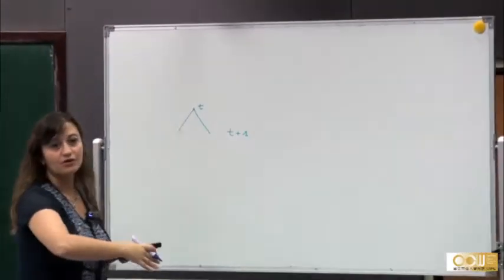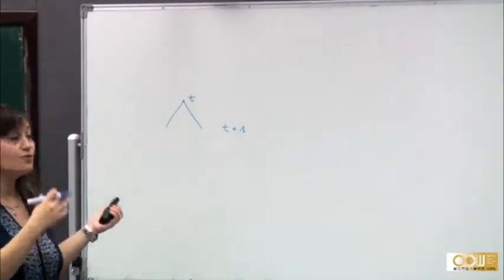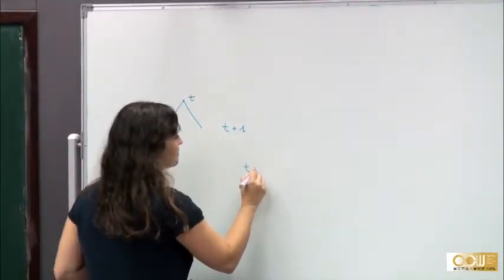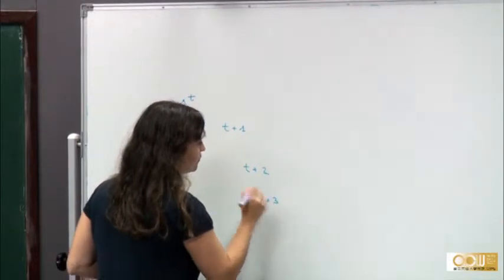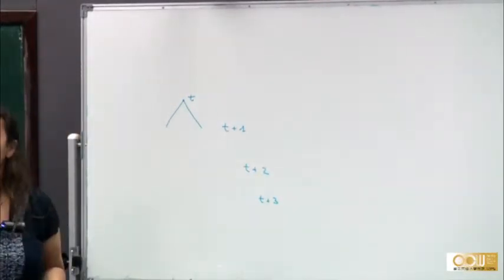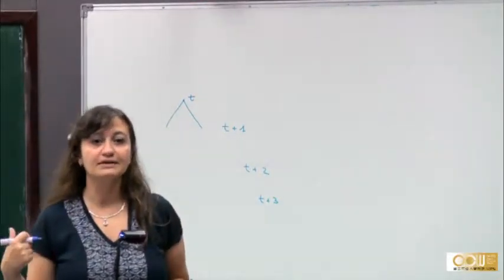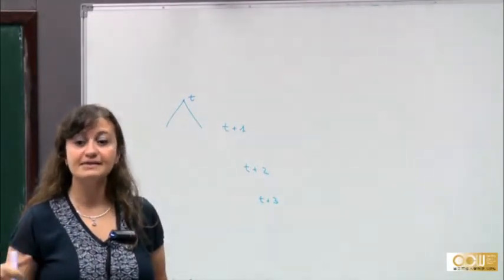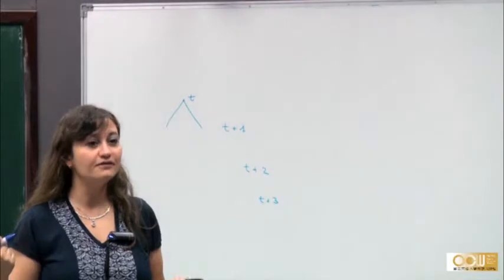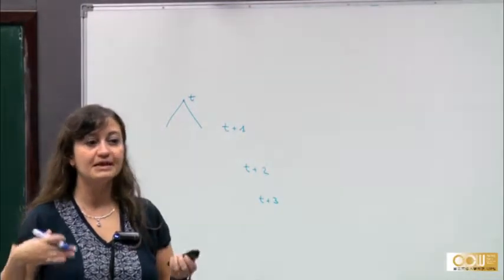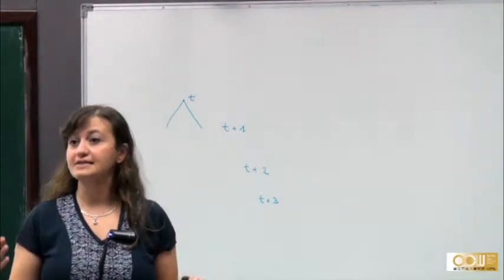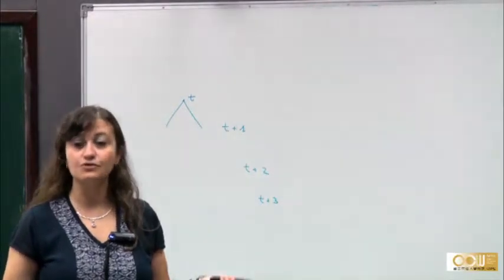a dynamic framework over time, right? So you want to analyze time t plus 1, time t plus 2, and 3. So you have a number of time periods. For example, in our car ownership, you had a scenario for each 6 months. Each 6 months, I was giving you new alternatives. So it means that you have a scenario every 6 months, and we had 6 years, so 12 scenarios.